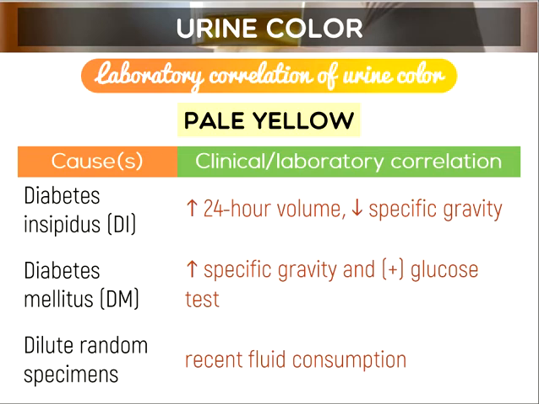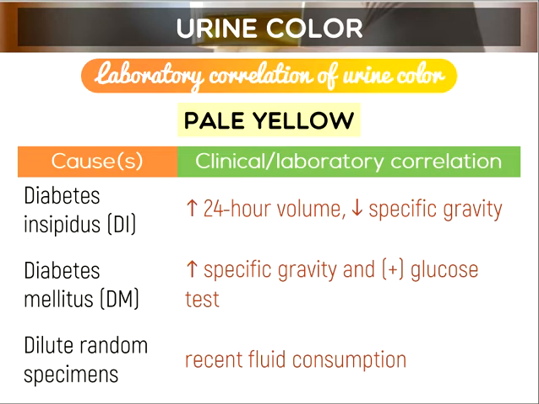So, for diabetes insipidus, recall, it has a high 24-hour urine volume and a low specific gravity. While for DM or diabetes mellitus, the SG is increased and it is positive for glucose test, of course, because diabetic patients have high glucose.